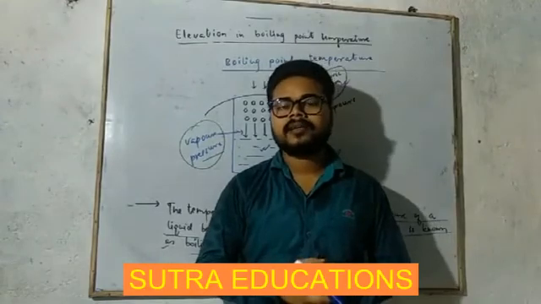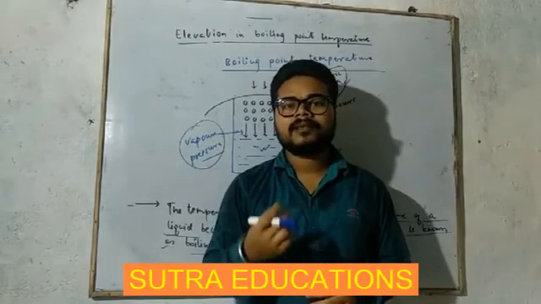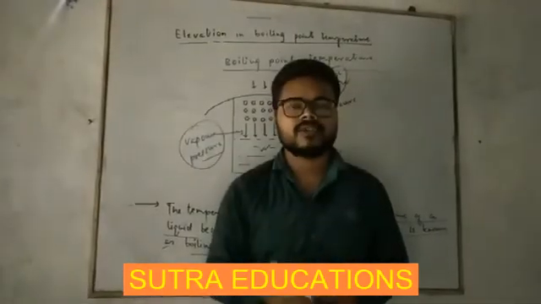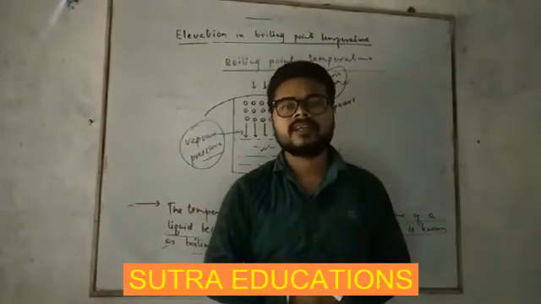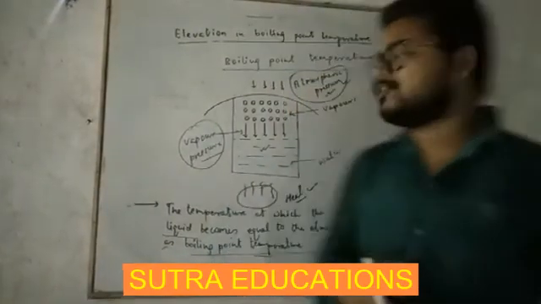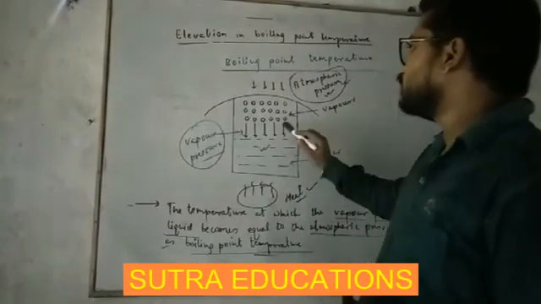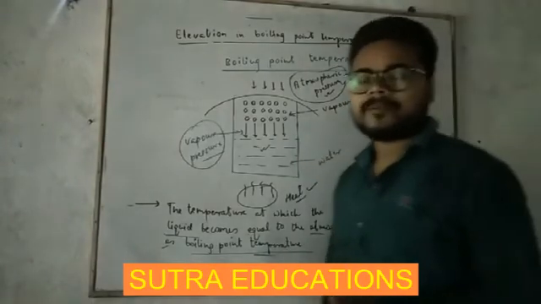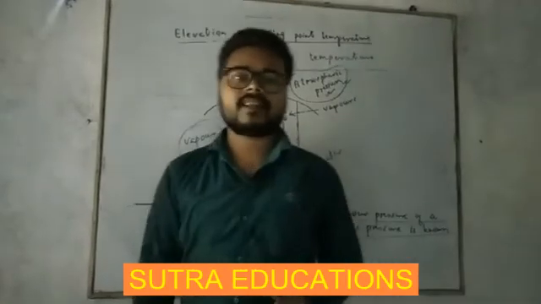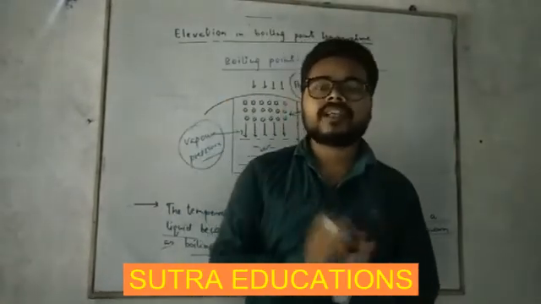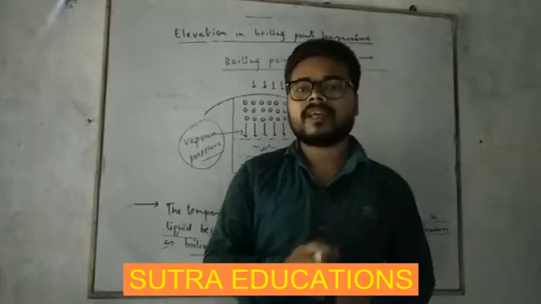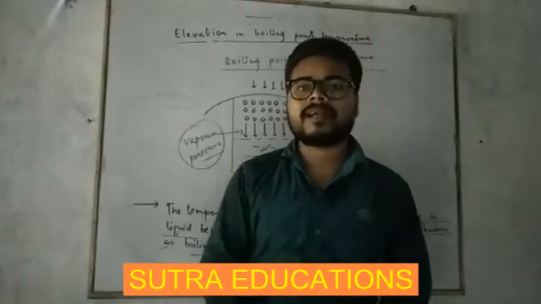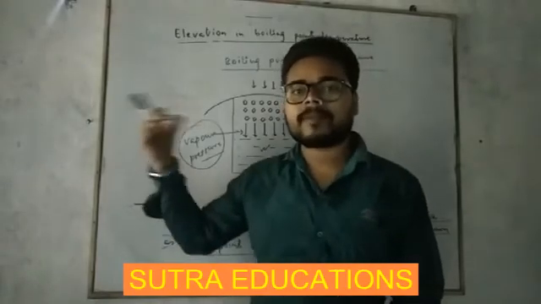Now just think, we are going to add some non-volatile solute into this pure liquid. Then I have told you earlier, if it is a non-volatile solute, it will have no contribution towards the vapor pressure. Getting it?